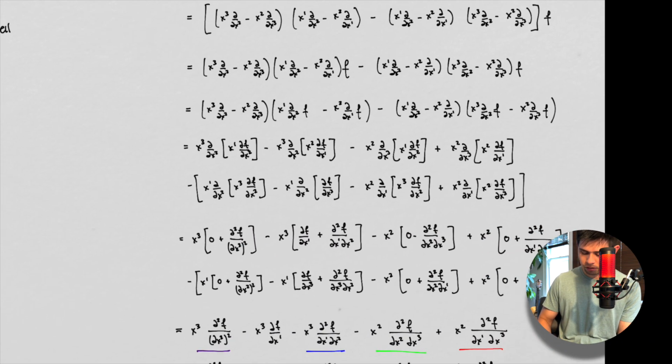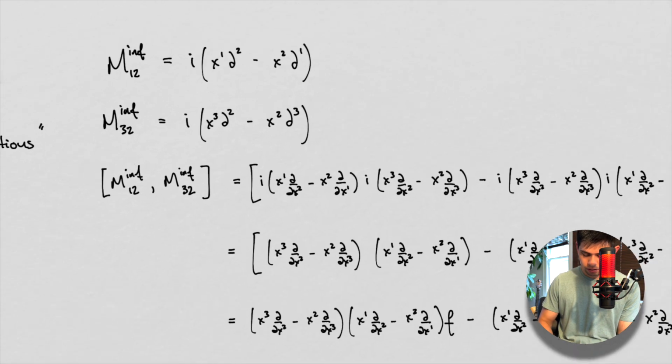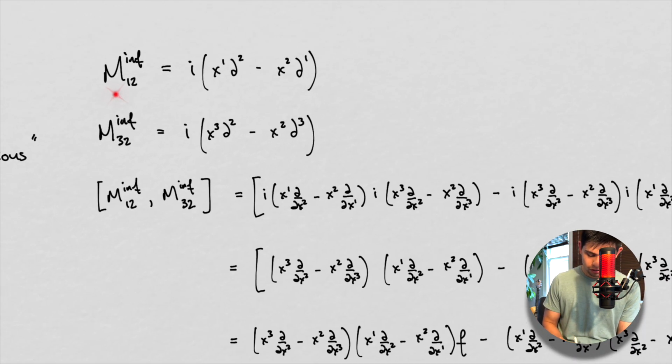There's a lot here, but we'll go through this. This isn't too bad. So M12 and M32, these are their definitions, right? So 1, 2, 1, 2, 2, 1. When we have the subscript here on the partial derivatives, that's just saying we're taking the derivative with respect to x2, right?